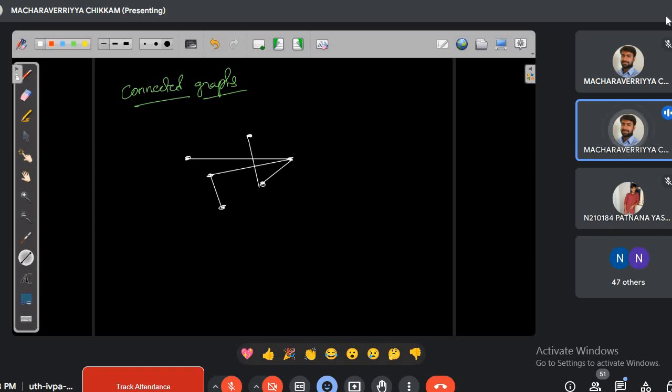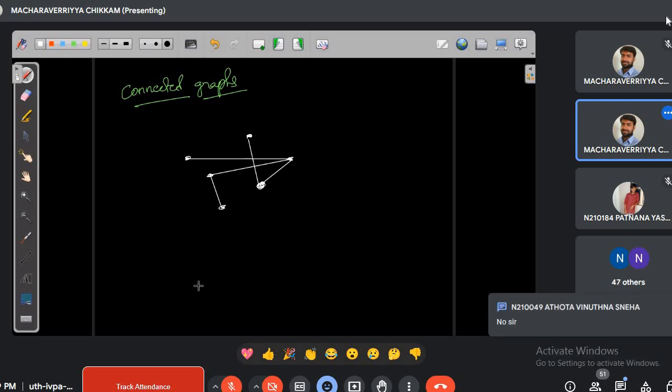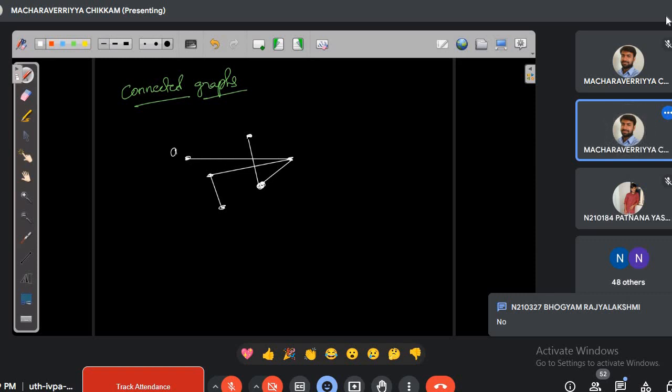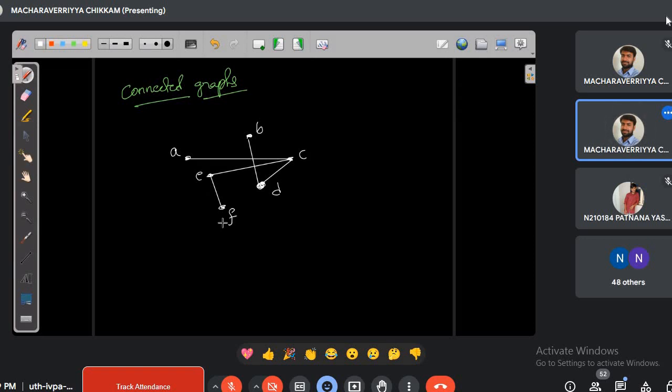So is this graph connected? Not connected. Why? Okay, let me name the vertices: A, B, C, D, E, F. Okay, give me two vertices so that there is no path between these two vertices.